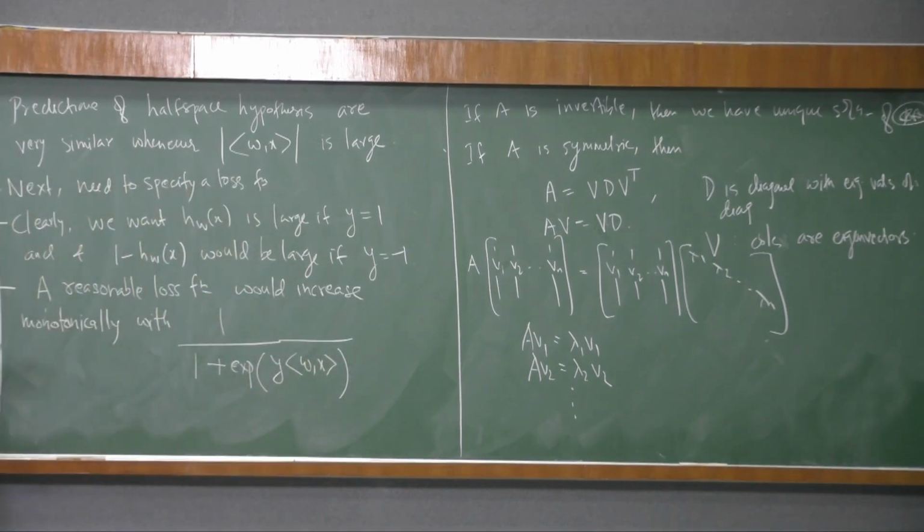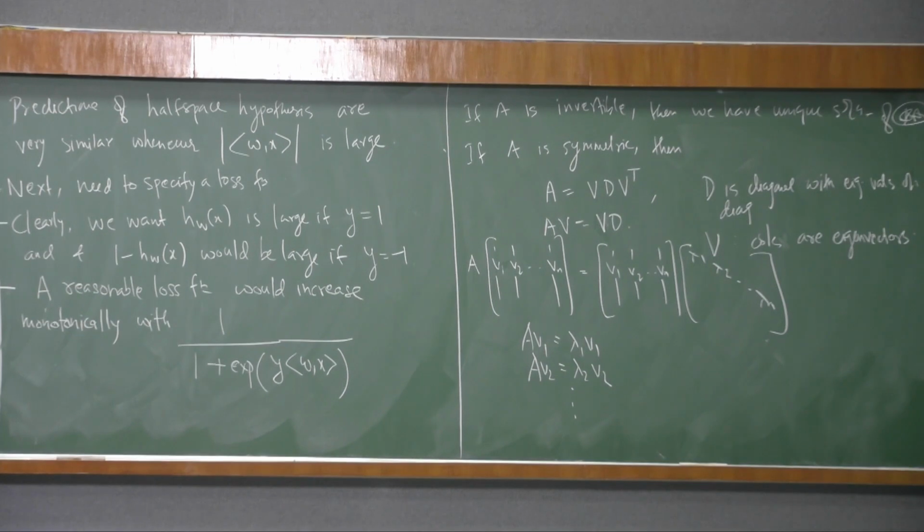You see, I have included a y there. It's a similar trick that we did for the linear predictor in the previous class. So in w transpose x, whether it's positive or negative is taken care of by y.